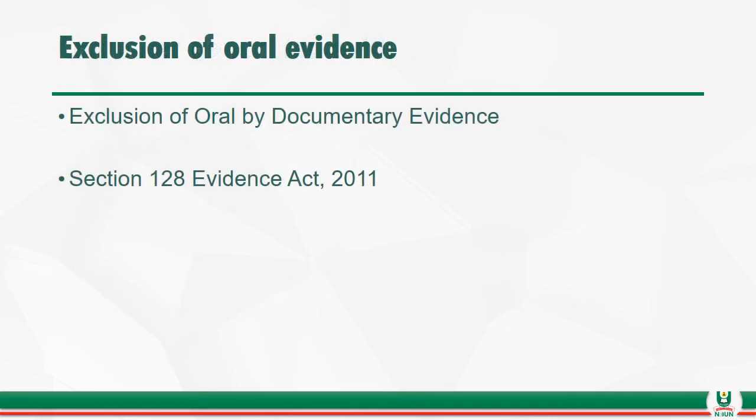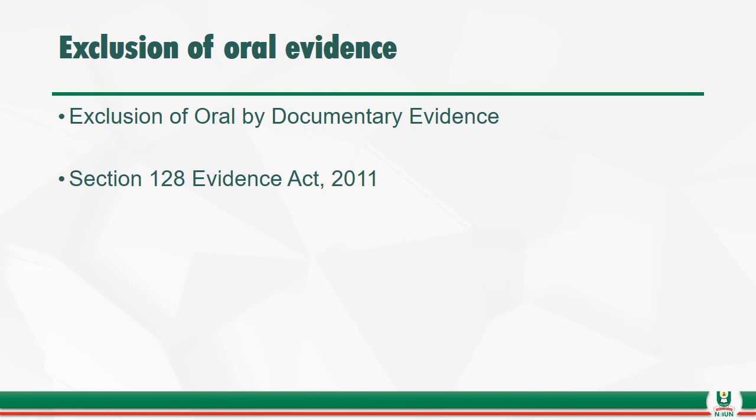Now let us look at exclusion of oral evidence by documentary evidence. We have seen that the way to prove the contents of a document is to produce that document itself, and the law does preclude anybody from contradicting the contents of a document by oral evidence.